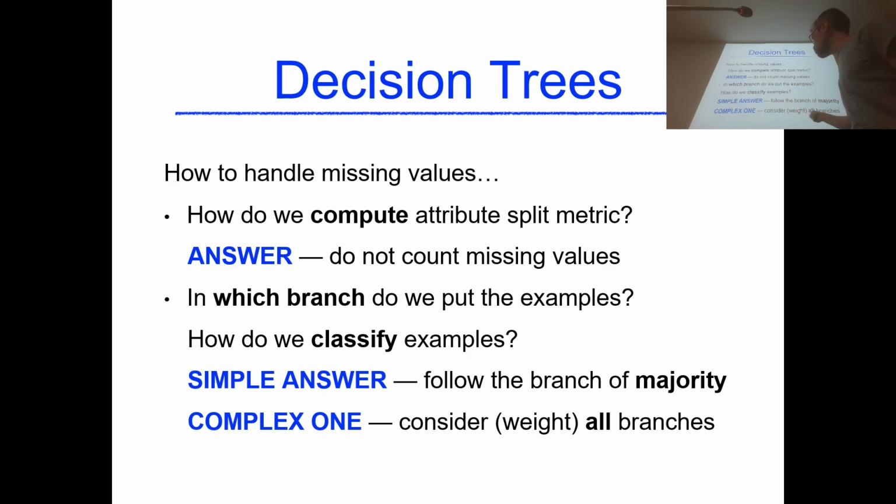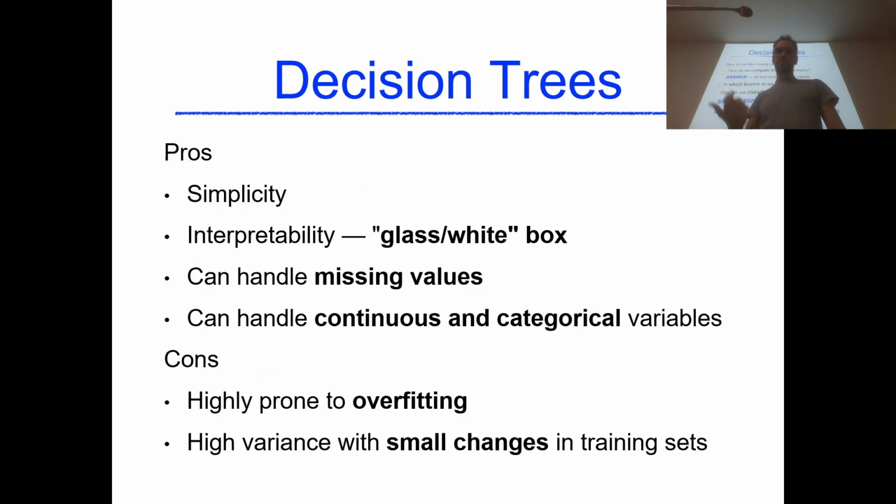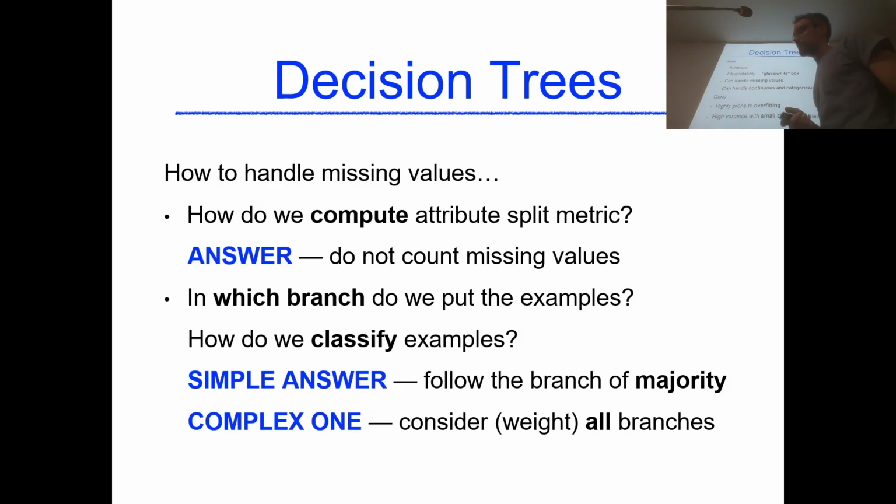Or we can try to weight all branches, so do a probabilistic choice based on the relative proportion of each of the branches. That could be another answer. But usually this kind of thing, as we have seen many times, doesn't have an a priori good choice. You have to make some tries and see what happens.